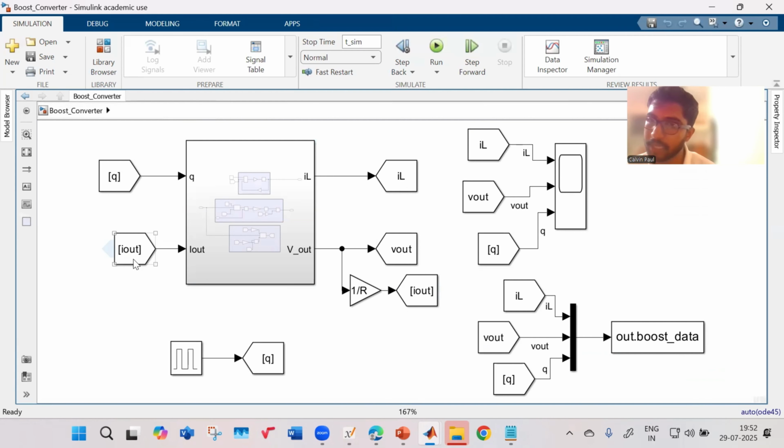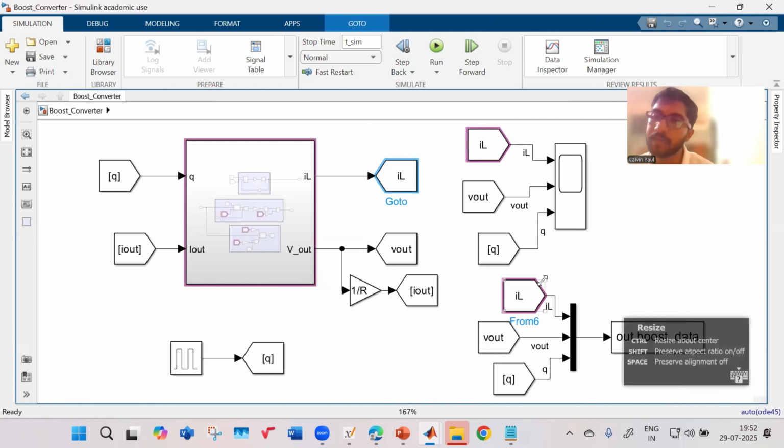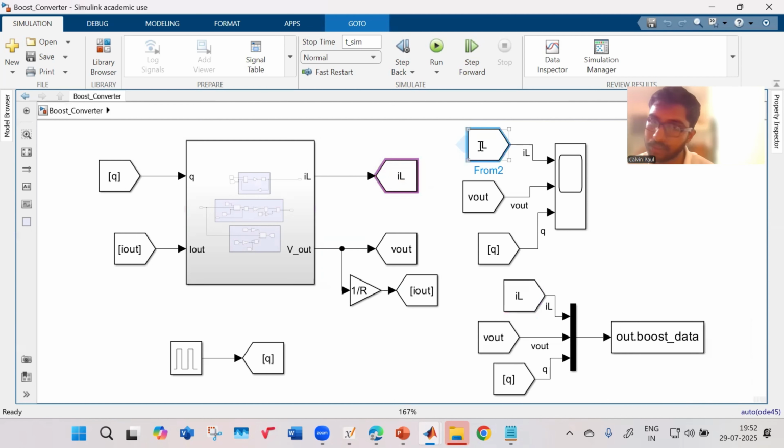I feed that load current back here. These things are known as go to and from blocks. That means this IL is connected over here as well as over here. The reason I use this is it makes it neat. It is not like I put one wire from here to here, one wire flowing from here to here. It becomes clumsy. So to make it neat, elegant, I used these go to and from blocks.